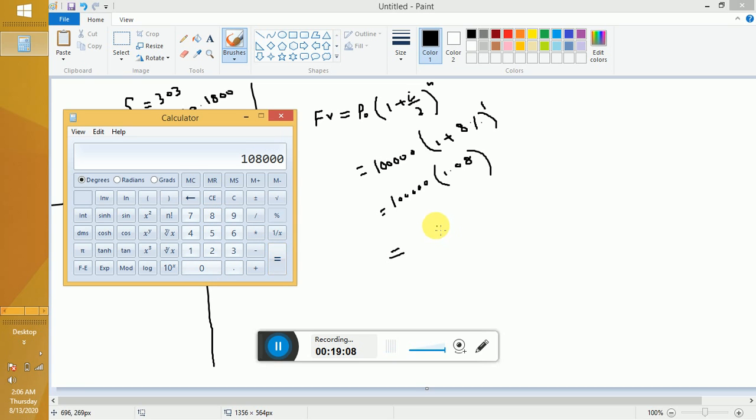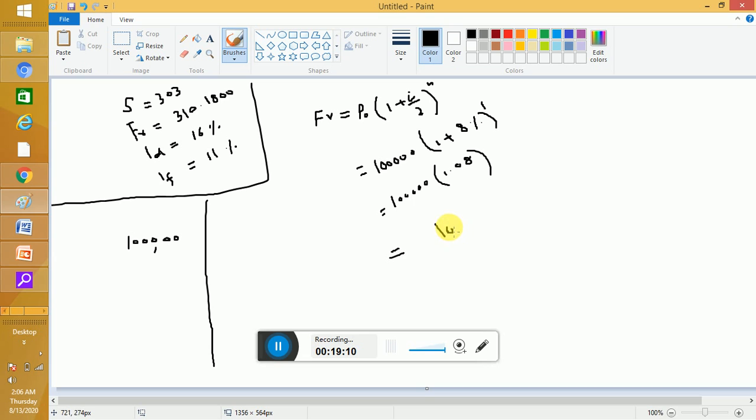So we got 108,000. This will be our total amount after 6 months, 108,000.